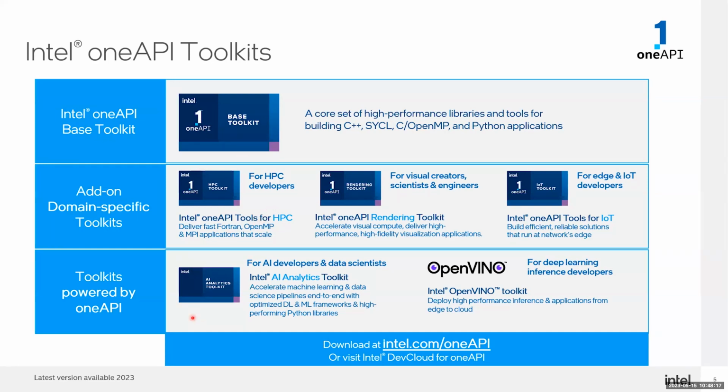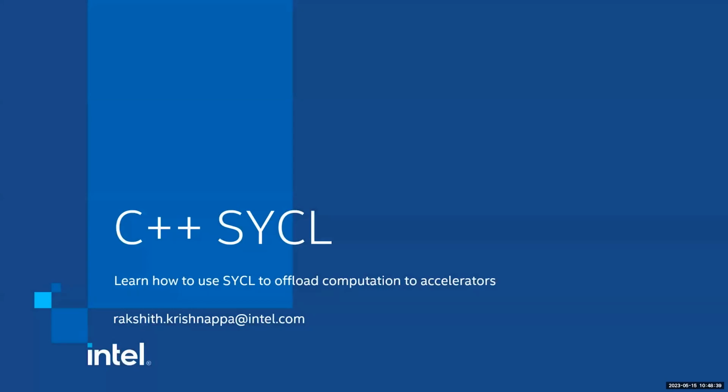Today's workshop, we will mainly be doing on the Intel Developer Cloud, which already has all these toolkits installed and configured, so you can just log into Intel Dev Cloud and get started. So that's the introduction. The first topic today will be C++ SYCL.